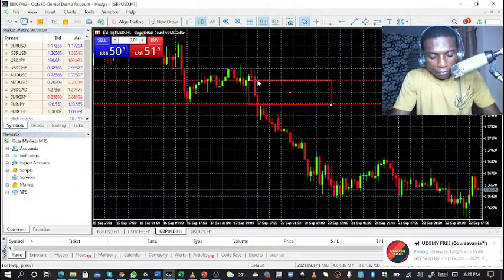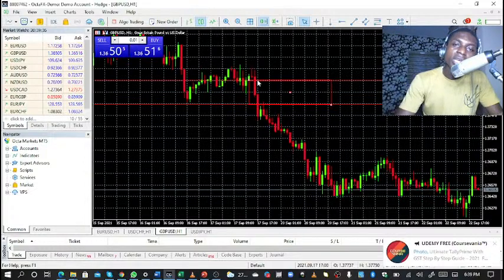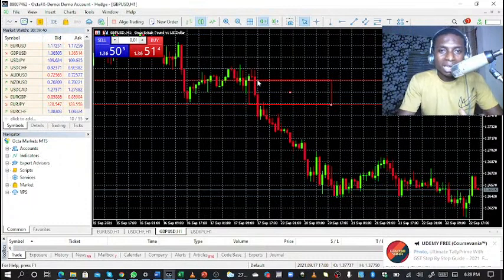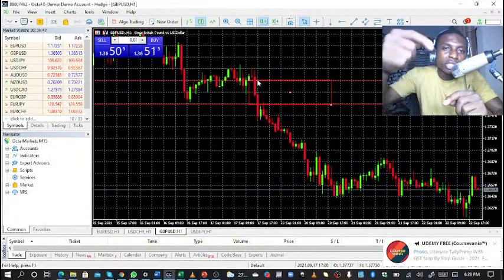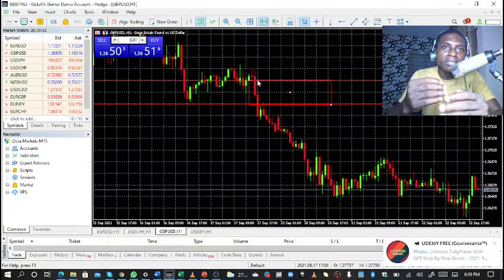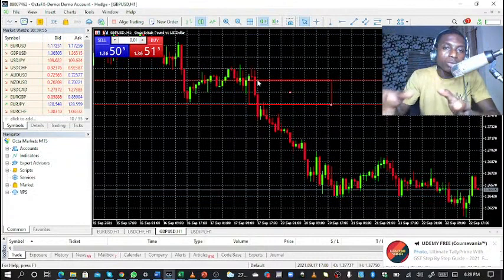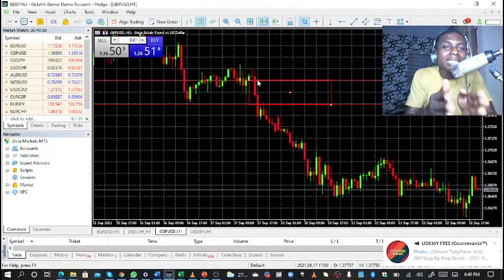Fantastic. I want to believe you're asking what's the difference between a real account and a demo account. Let me start with the demo account. A demo account, which goes by the name demonstration account, is a demonstration of the real account. What happens in the real market also happens in the demo market.